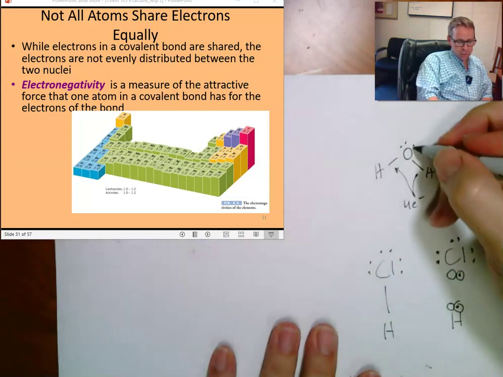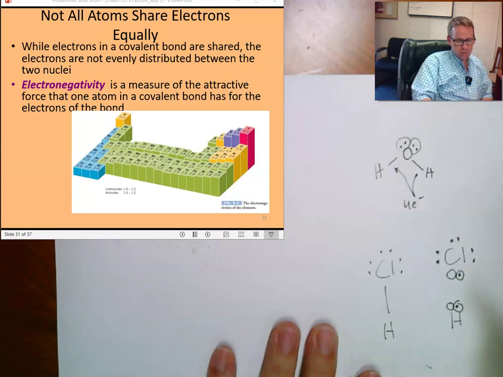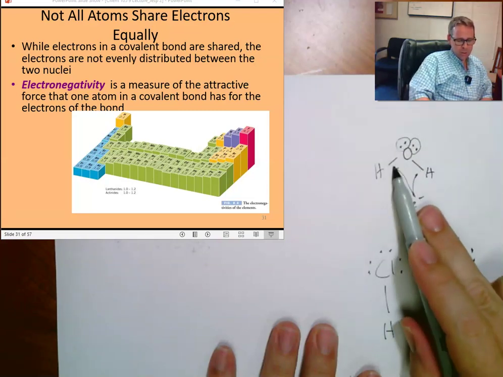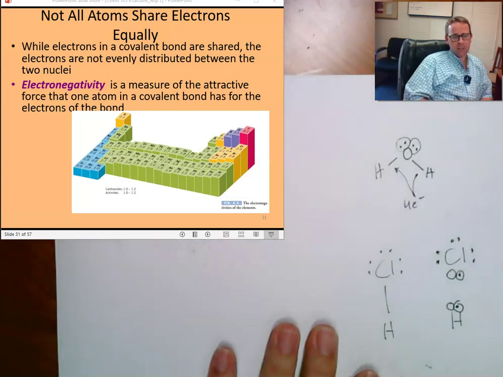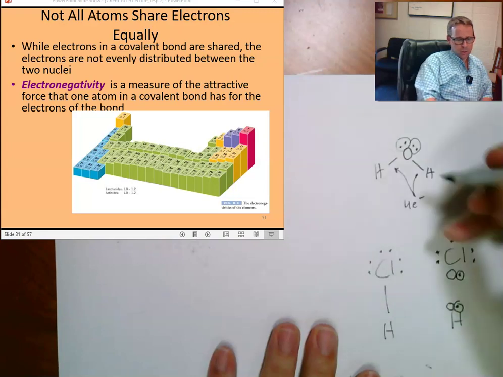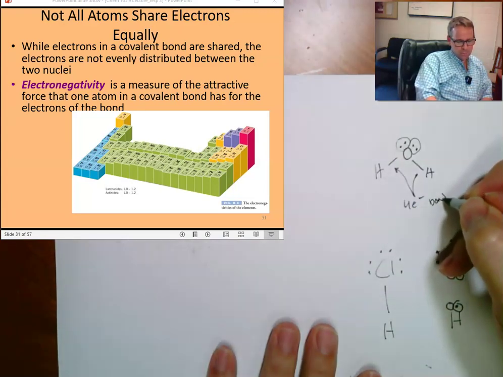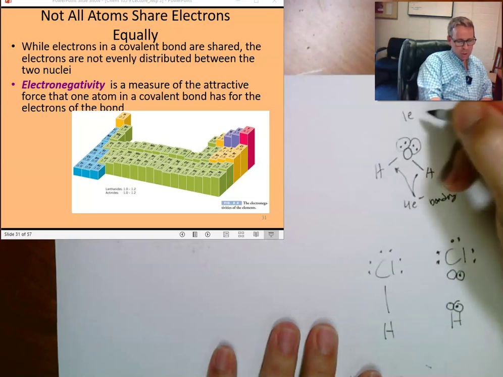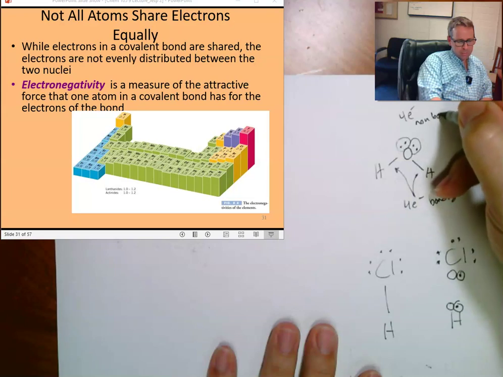And if I include what are called the non-bonding electrons, these ones here, there's a total of 1, 2, 3, 4 in the bonding and 5, 6, 7, 8 all together. So there's 4 electrons that are bonding, and we also have in the water molecule 4 electrons that are non-bonding.